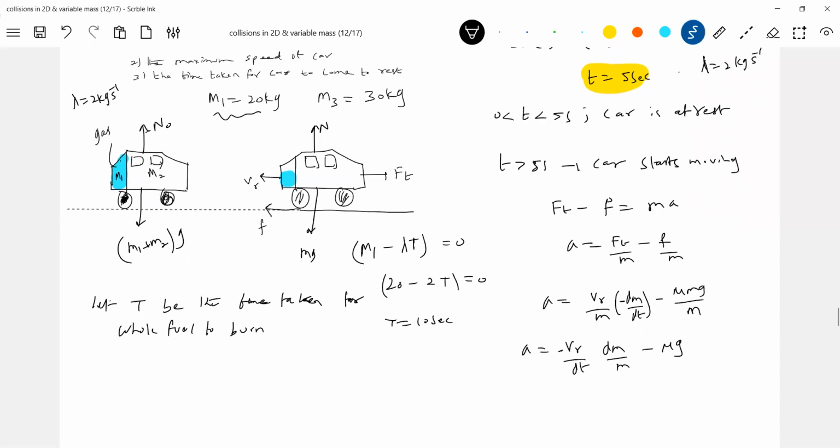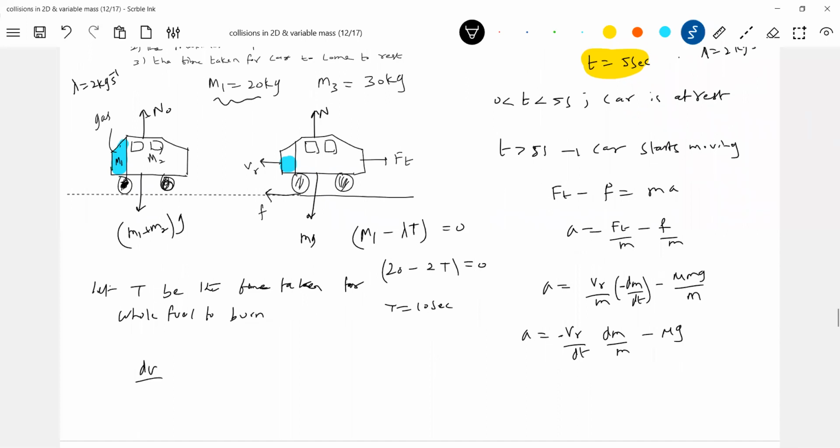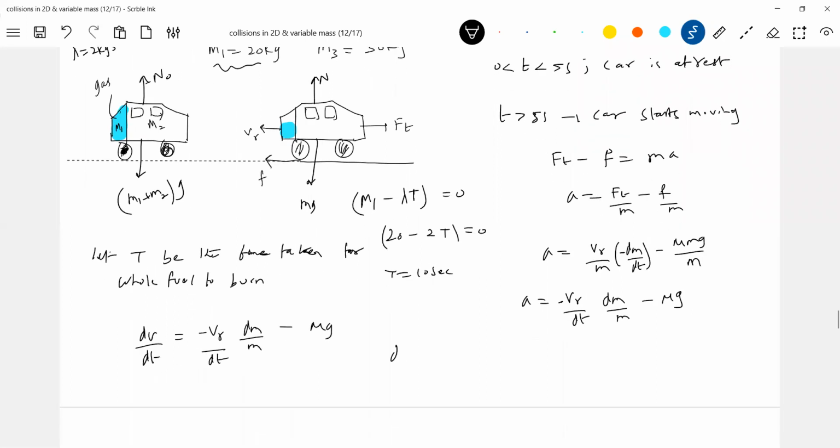The acceleration dv by dt is equal to minus Vr dm by m minus mu g. Multiplying dt on both sides, the equation will be dv is equal to minus Vr dm by m minus mu g dt. Now the limits you have to be careful.